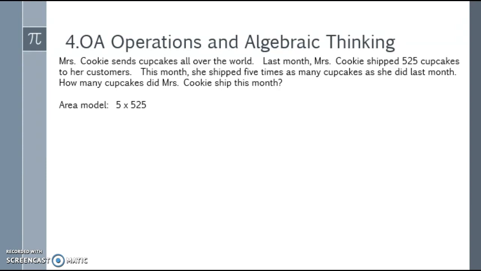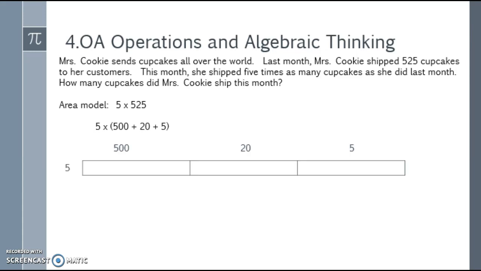Let's use an area model to represent 525 times 5. Well, I know that 525 can be decomposed into 500 plus 20 plus 5, into its place values.